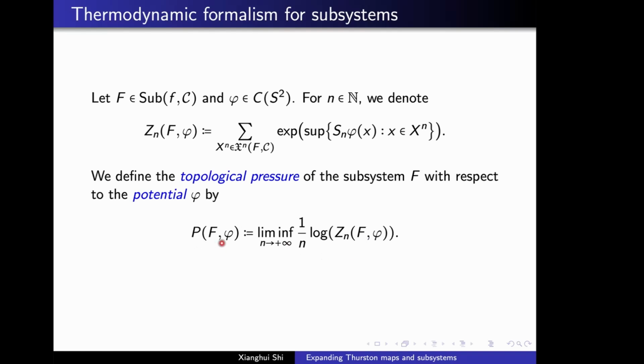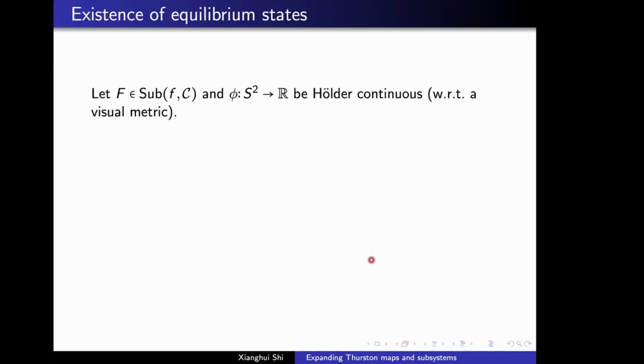So this P(F, phi) is our topological pressure for this subsystem F. Actually, this limit inf can be replaced by just a limit. We can prove this limit exists. Now we consider a subsystem F and a Hölder continuous function phi, also with respect to a visual metric.